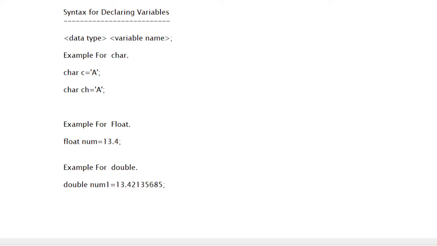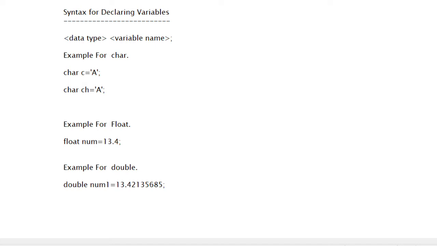See the example, similar to int. First of all, I gave the data type, char, and then I have created one variable. The variable name is c, and then I have given the value of the variable c.